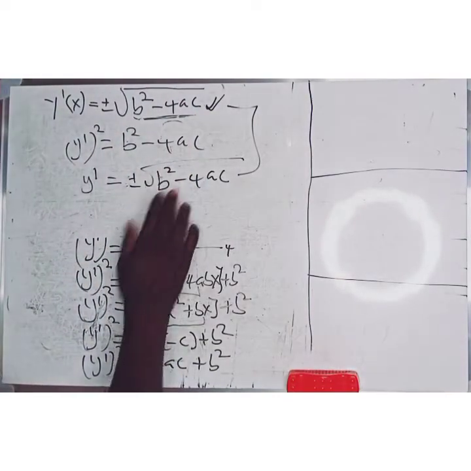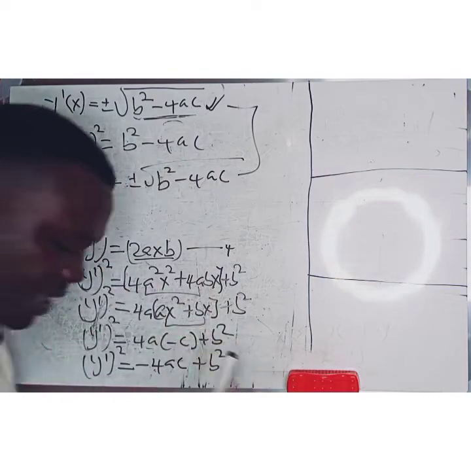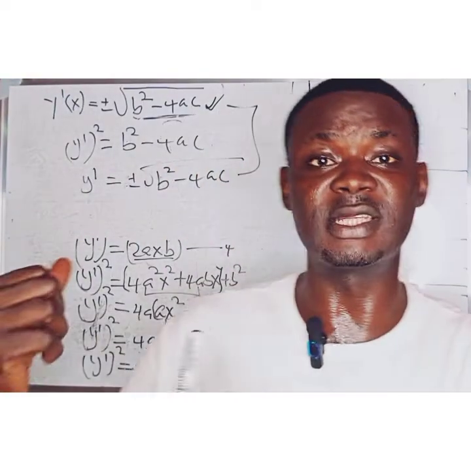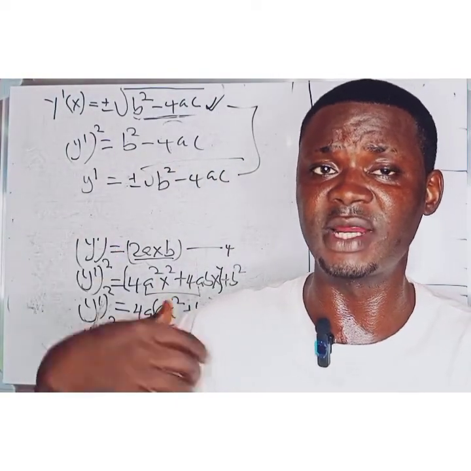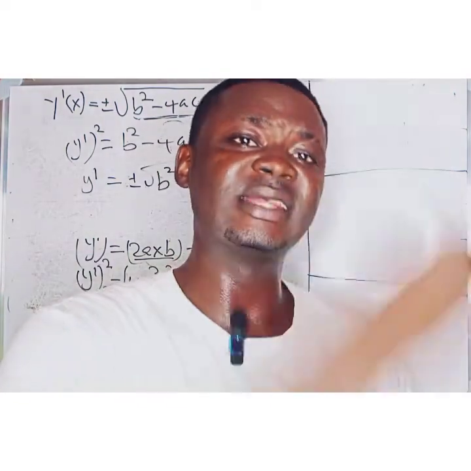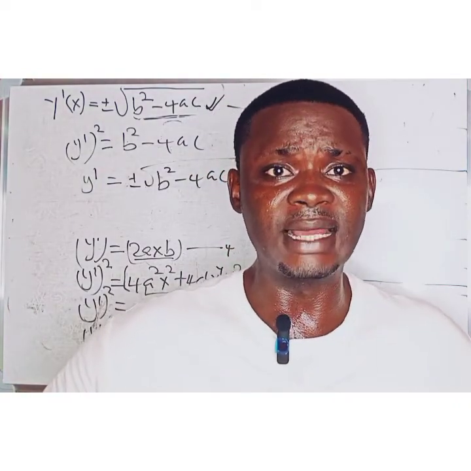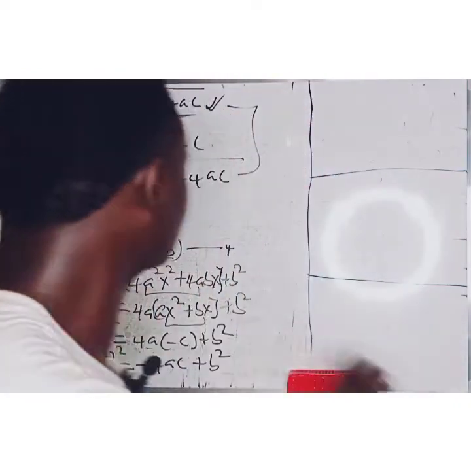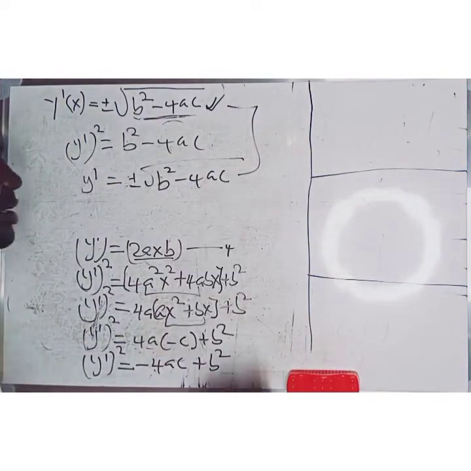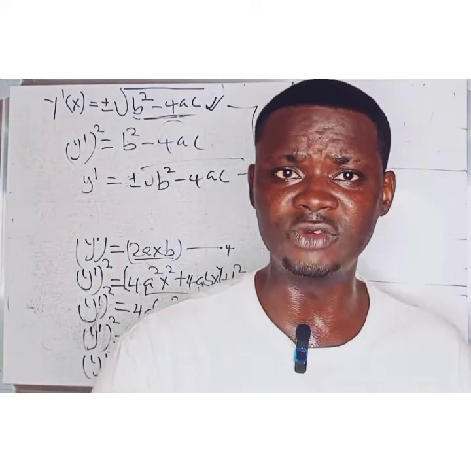This is actually how this boy got his own discriminant. I myself have a way I derived my own discriminant, which involves a lot of expression. I expanded and took like terms to reduce them to b squared minus 4ac. So please, my dear, you don't just come and say that you introduced this or that.